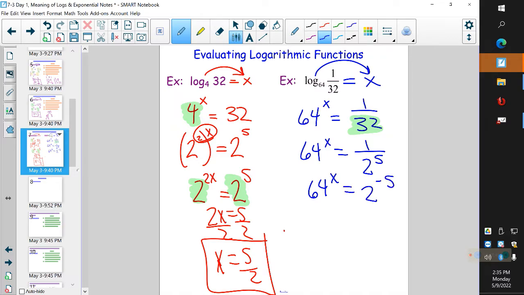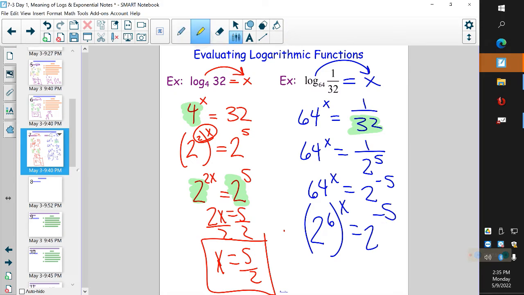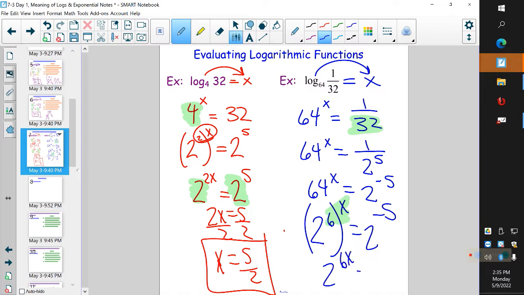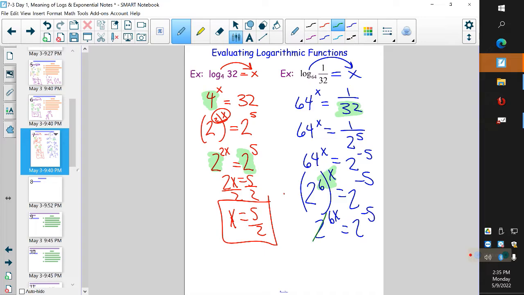Well, if 2 to the 5th is 32, then 2 to the 6th is 64. Multiply these exponents to give you 2 to the 6x is equal to 2 to the -5. Then you simply knock off those bases and you get 6x is equal to -5. Solve for x and you get -5/6 is equal to x.